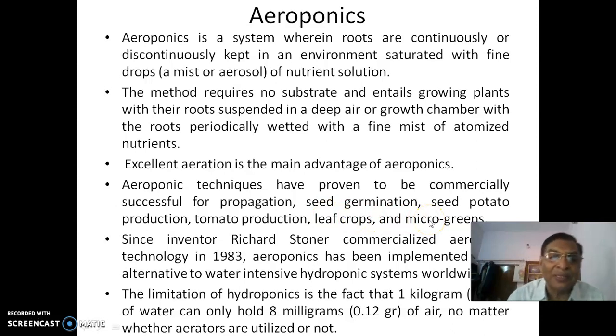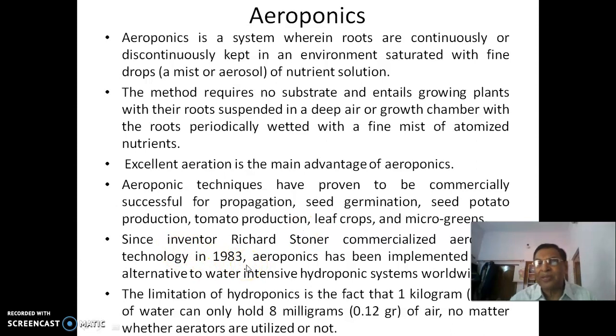Many times, in seed germination and propagation, the plants are produced and replanted elsewhere with much less effect from the changeover. Leafy crops, microgreens, tomato and seed potato production are very favorable.